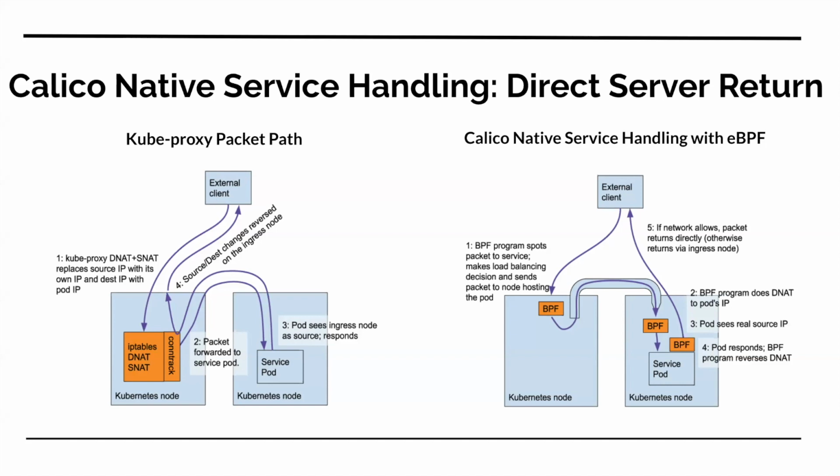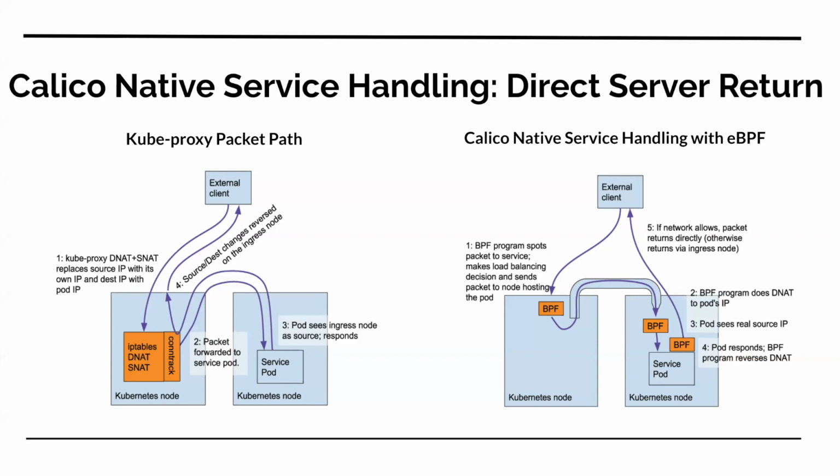But if the DNAT wasn't reversed, the client would not recognize the response traffic because it would have a different IP address than the client thought it was connecting to. So you can see that the kubeproxy packet path is fairly complex. And there are actually 1, 2, 3 hops on the way there. So it's somewhat complex. What we've done is we've streamlined this model and applied something called direct server return.